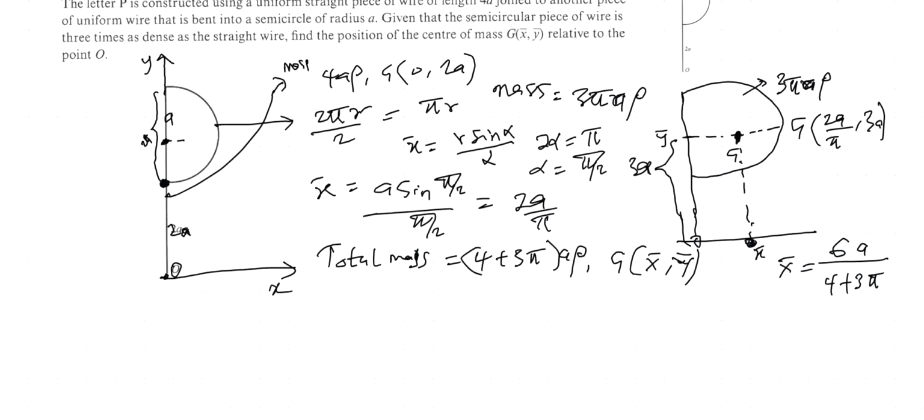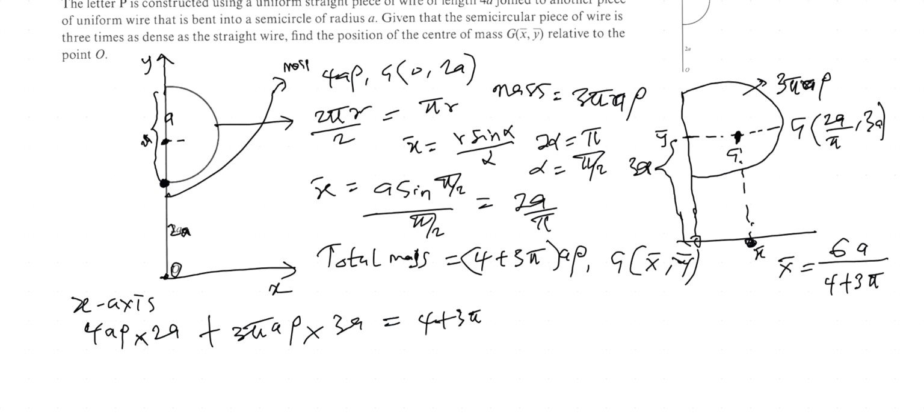We have the straight wire, 4a rho times 2a, plus the curve, 3 pi a rho times 3a. And this will give us the total, 4 plus 3 pi, a rho y bar.